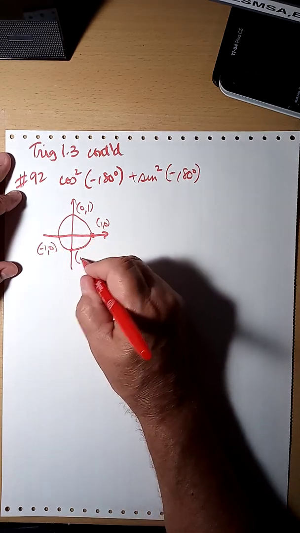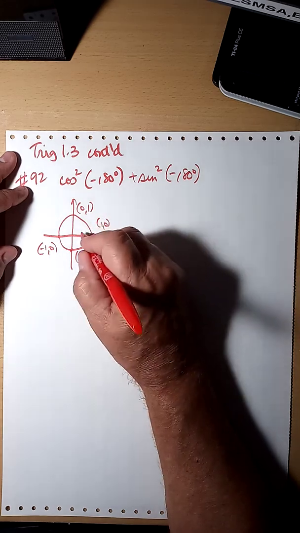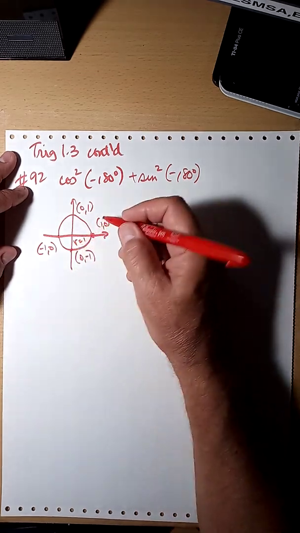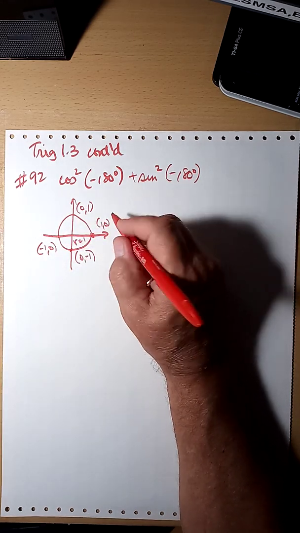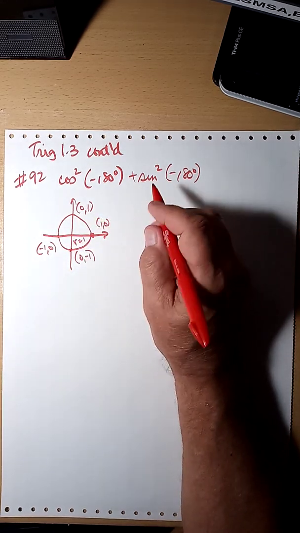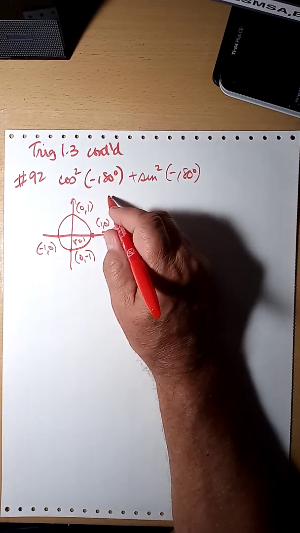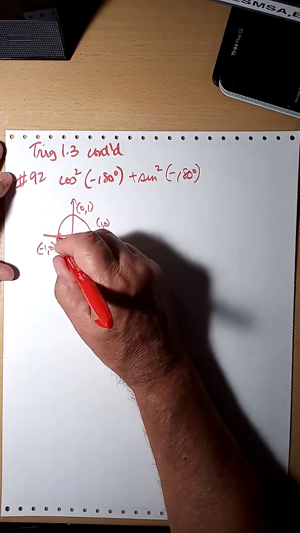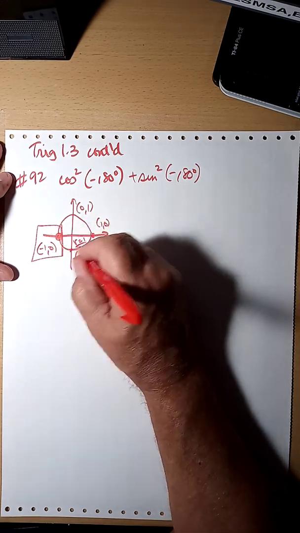And this is 0, negative 1. And from that, realizing that r is always 1, then I've got the sines and cosines, the x's and the y's, and it's all going to work. So, negative 180 degrees is this point right here, with r equal to 1, of course.